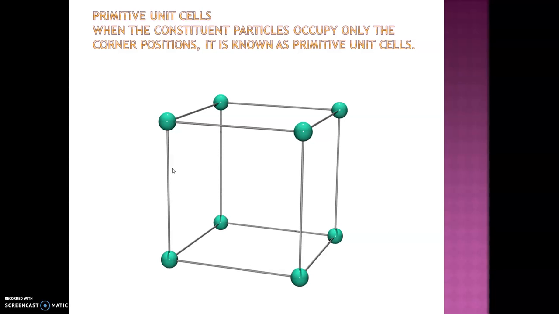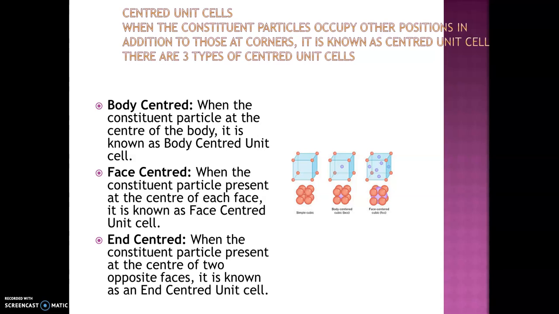So we'll see what a centered unit cell is. Not only the corners; in the center, edge or face, there will be atoms. A centered unit cell is one where the constituent particles occupy positions other than corners. Three types are there.